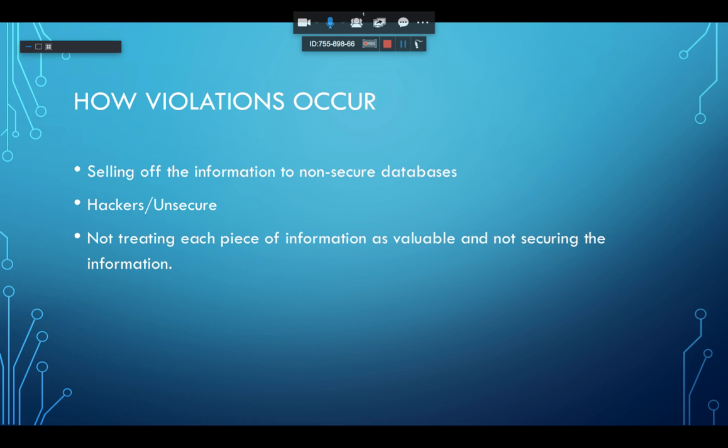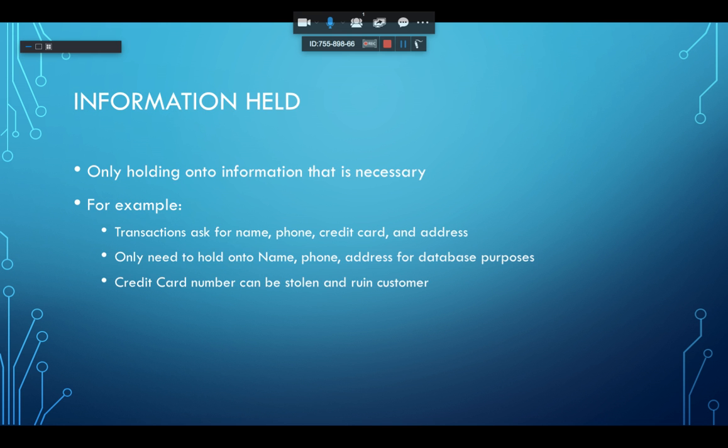When a user signs up, maybe they give their social security number. Do we really need to keep that social security number on our file? Because if we lose it or let it go somehow, that's only going to hurt us and the consumer, which will lead to distrust. So we keep the information that we deem viable and don't store the other information.